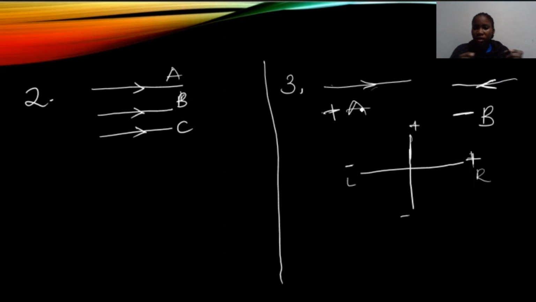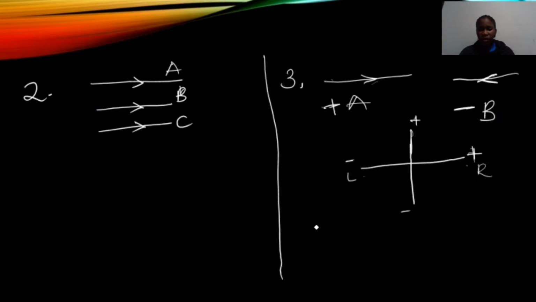Vector B is moving from right to left, which is in the negative direction. So these two vectors are moving in opposite directions, and we would assign vector A as the positive vector and vector B as the negative vector. So we have negative B, positive A.